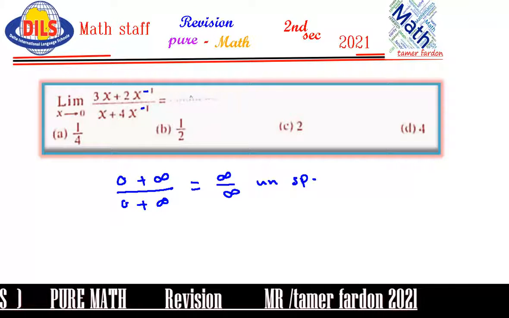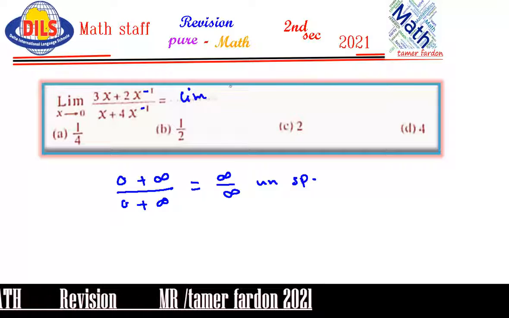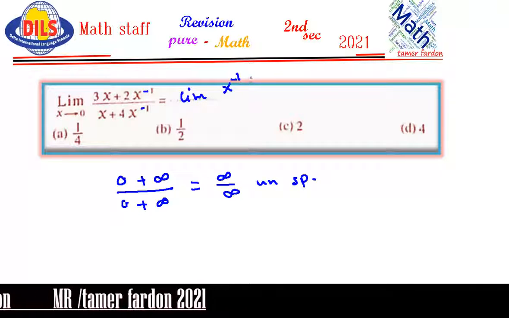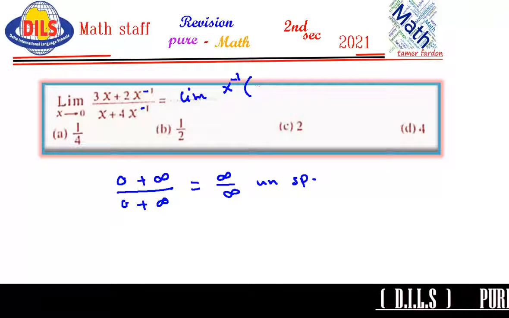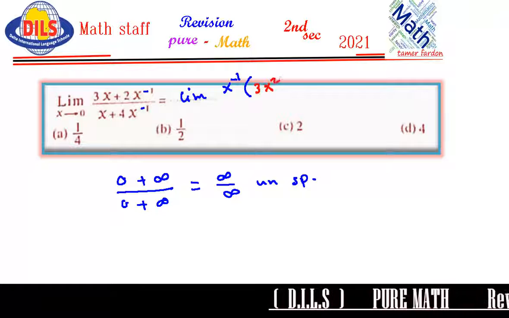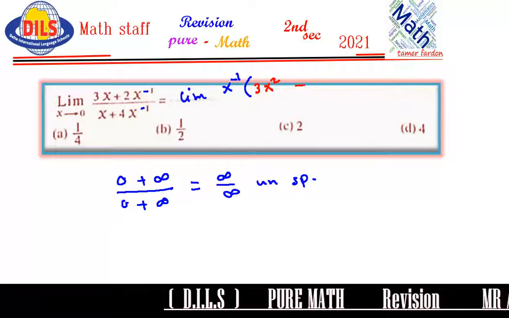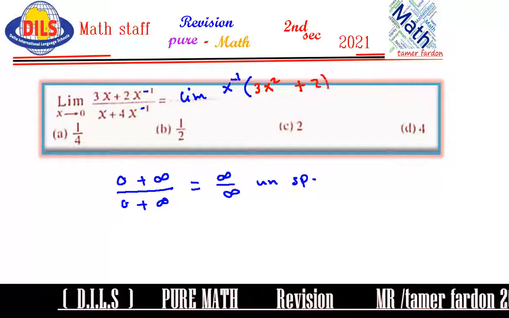From the numerator, taking x power negative 1 as a common factor, we get 3x divided by x power negative 1, which is 3 times x squared, plus 2.